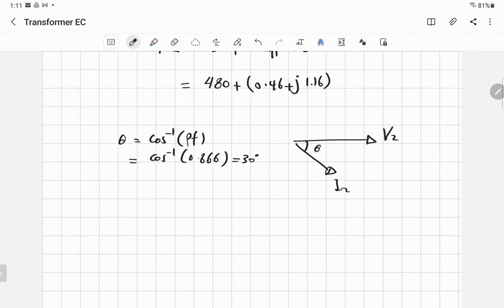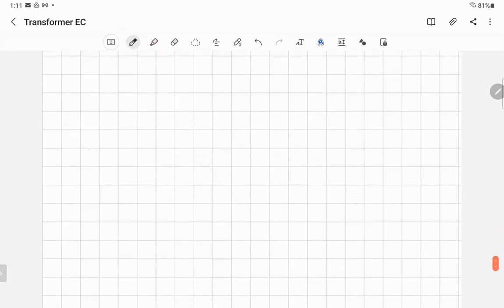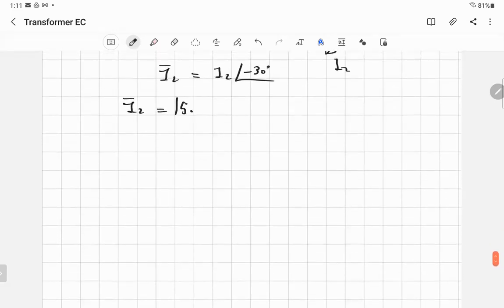And lagging, so the I2 vector will be the I2 magnitude at an angle of minus 30, because we always choose V2 at angle 0 as reference. It doesn't matter, it's just relative. So now I2 dash is equal to the magnitude 15.6 at an angle of negative 30.